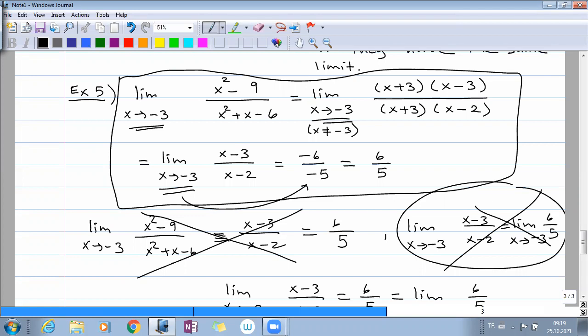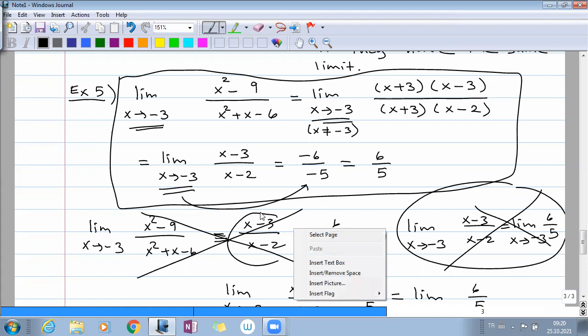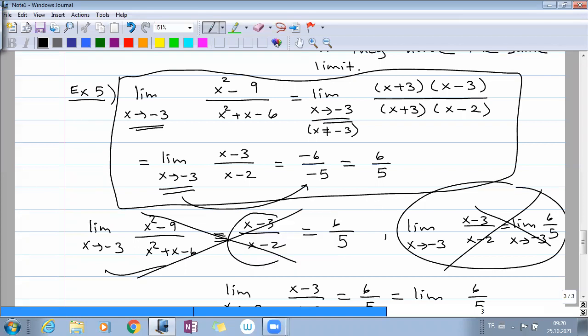So it is a sentence. What you wrote down in formulas, you should be able to read as a sentence. If you don't write the limit part, then you cannot read the limit. If you don't have this limit right here, I cannot read it as the limit. I read this as limit as x goes to -3 of x squared minus 9 over x squared plus x minus 6 is equal to x minus 3 over x minus 2. Something wrong, right?